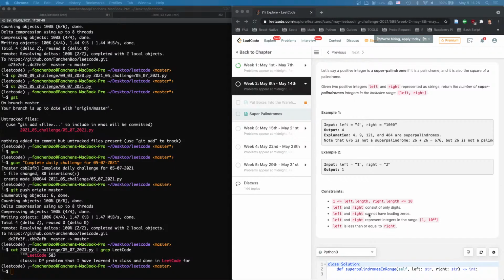The digits do not have leading zeros. The range is 1 to 10 to the 18th, and left is less than or equal to right. Okay, let me think about it. So 10 to the 18th.